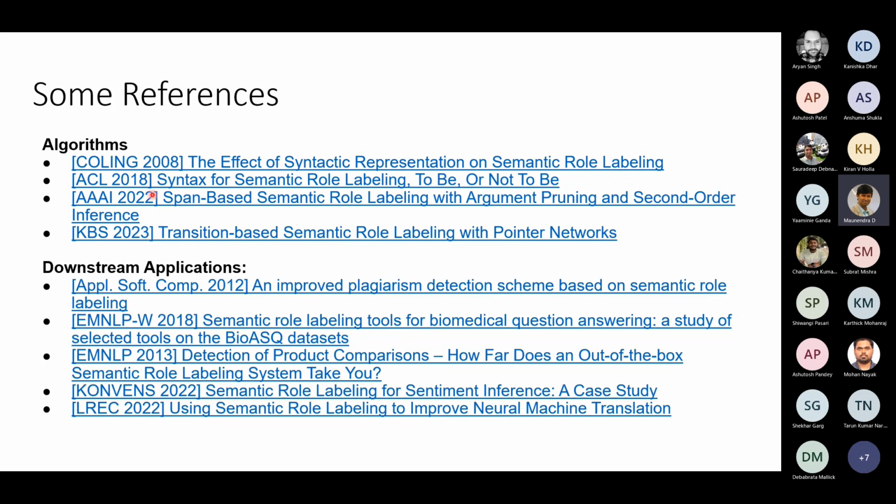The effect of syntactic representation on semantic role labeling: this syntactic representation can come from the parse trees. Here they show how the syntax could be useful for semantic role labeling, or in which cases it is not useful. This is a study on that.